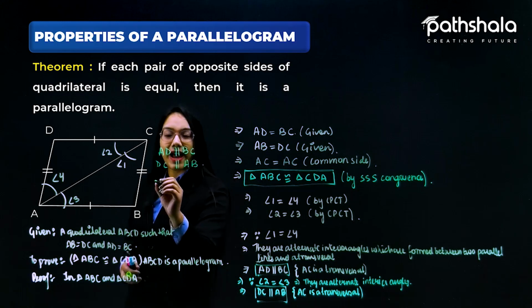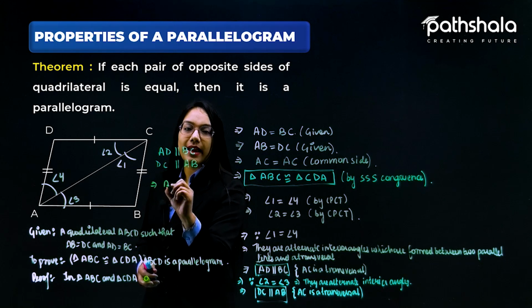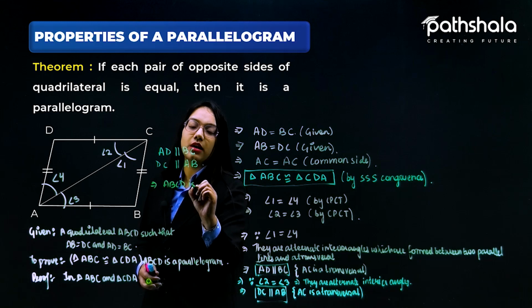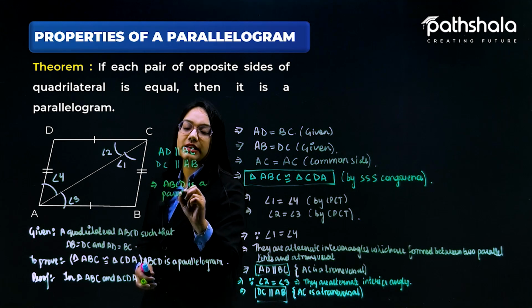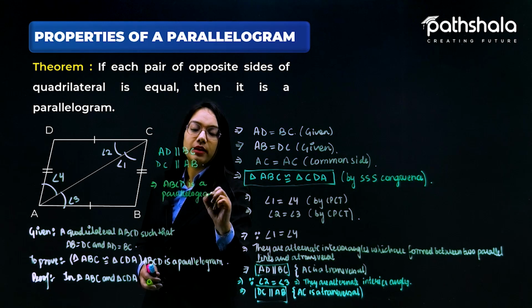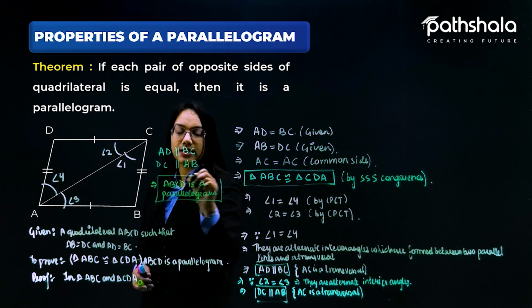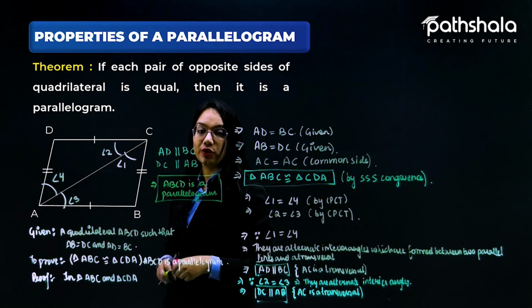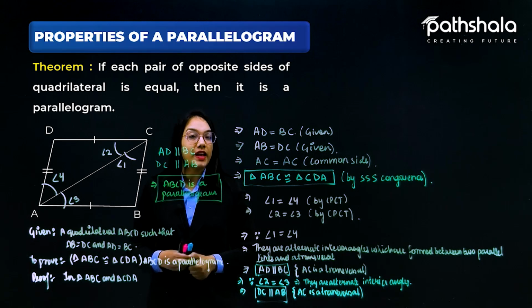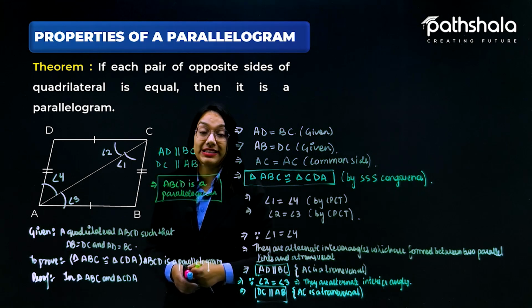So it implies that ABCD is a parallelogram. Hence this is the proof of this theorem, that if each pair of opposite sides of a quadrilateral is equal, then it is a parallelogram.